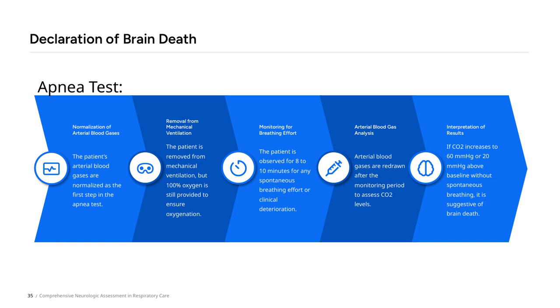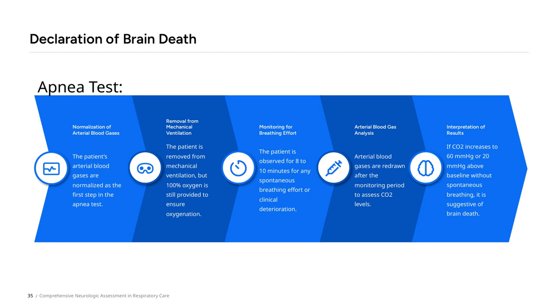or clinical deterioration. At the same time, the patient is taken off mechanical ventilation, but we continue to provide 100% oxygen to maintain oxygenation. Before performing the apnea test, we ensure the patient's arterial blood gases are normalized, which is the first step in confirming brain death.